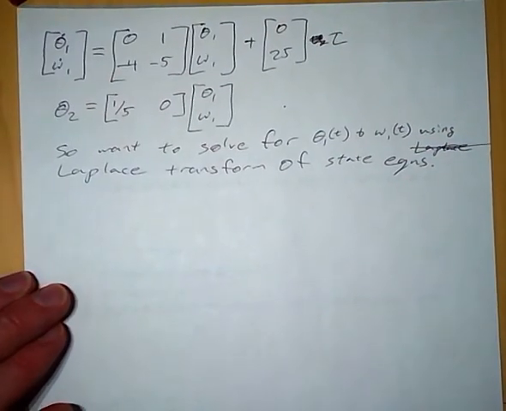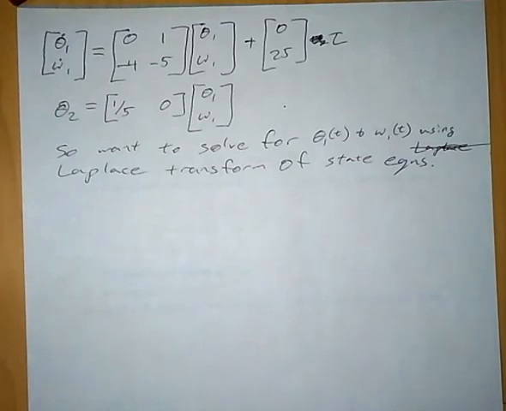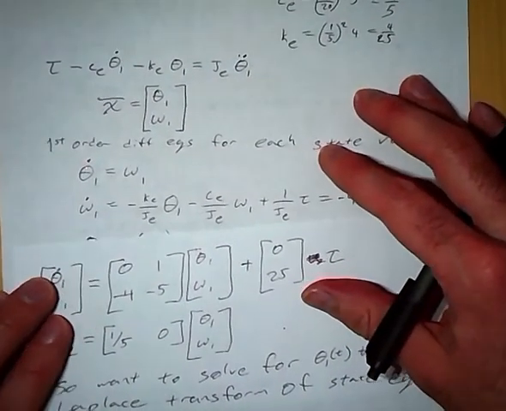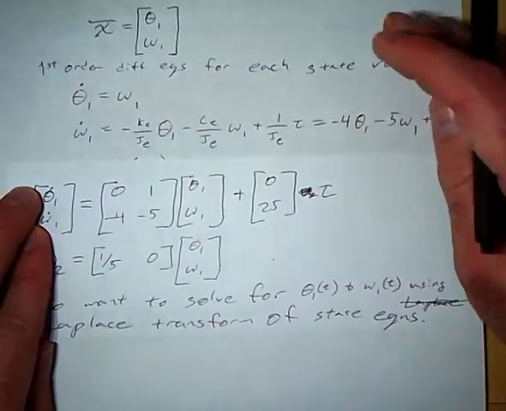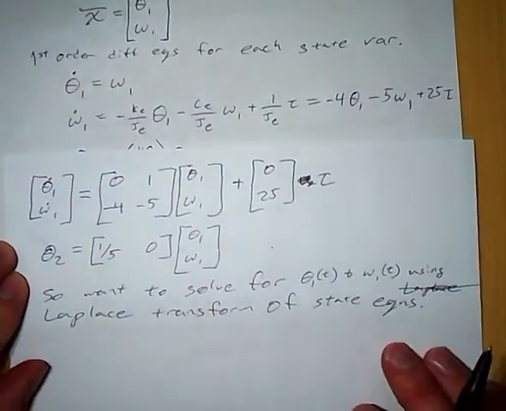Okay. So going back, the state equations are right here. There are two state equations, and in matrix form it looks like this.